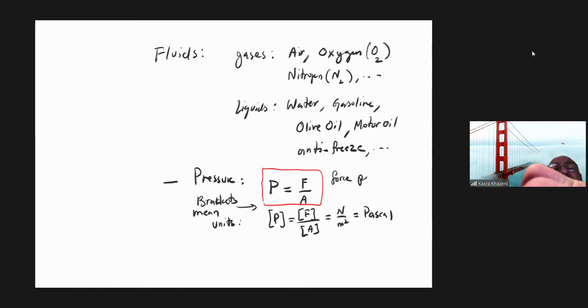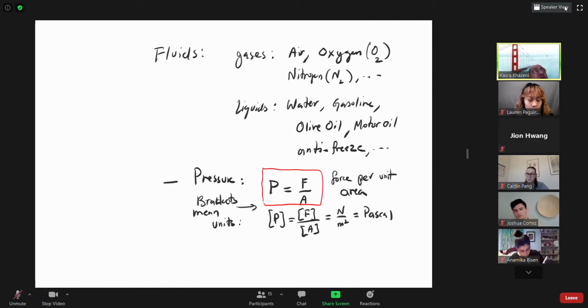In other words, if you are going to measure the pressure of a fluid, you have to find a device that can measure the force over a certain area that you've designed the device for, and you submerge it into that fluid and see what amount of force you're measuring, and then you divide that by the area the force is being measured on, and then you will get the amount of pressure.